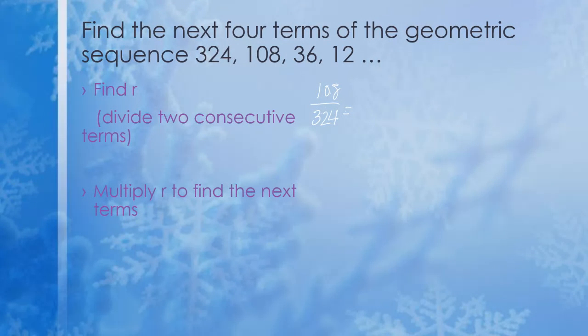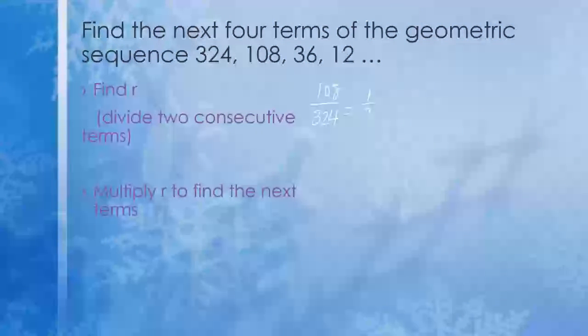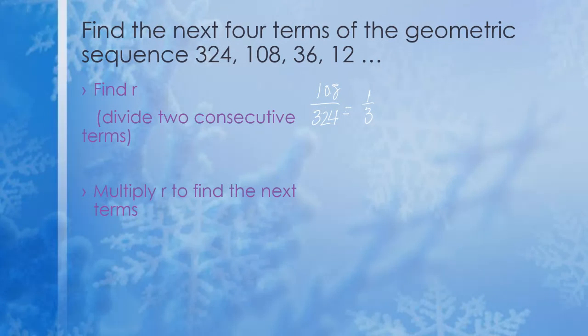I cannot write 0.3. That is not the same thing. What it is is 1/3. And this is very, very important, okay? You cannot use a rounded decimal because it will not give you the right terms. You have to use the fraction. I'm going to check this just as I like to do, and I'm going to multiply 1/3 by 108, and I do get 36. So I know this is the correct r here.